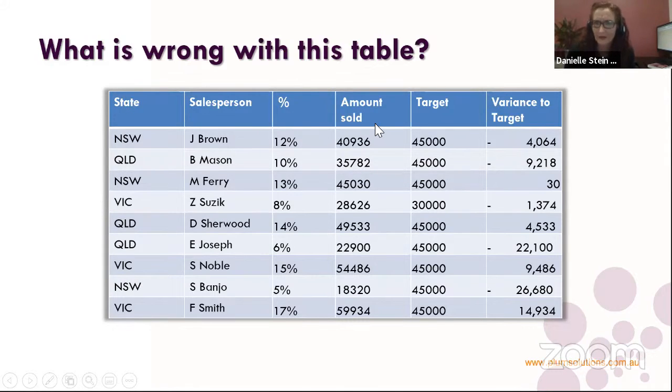The word amount is not very helpful either. You can see that it's an amount. It's like calling it a number. It should be right aligned. You should have some formatting. Having commas in a number makes it much easier to read. Having brackets around the formatting would just make this much easier to read.